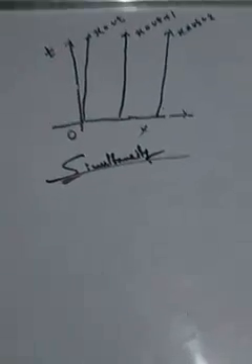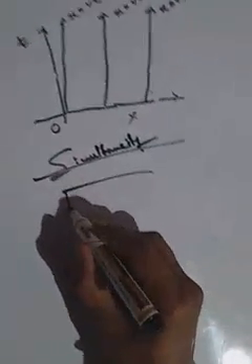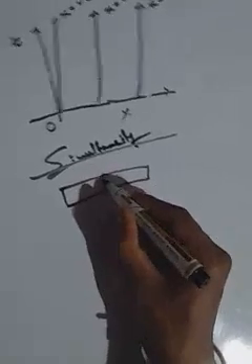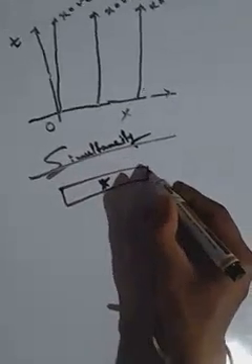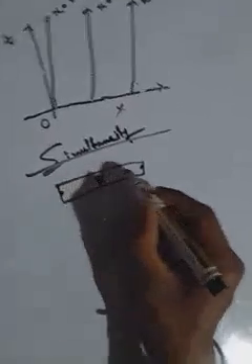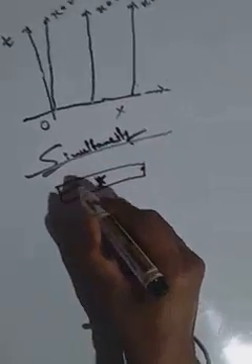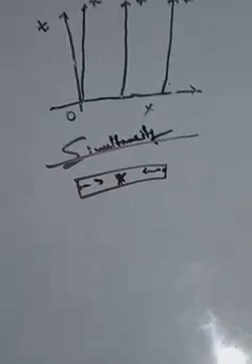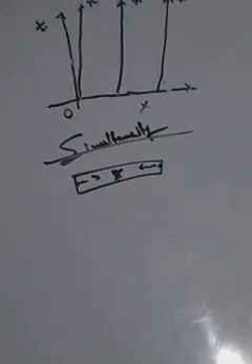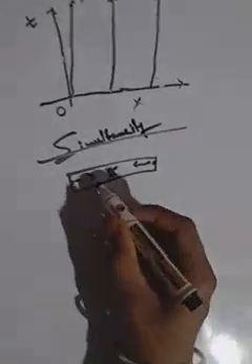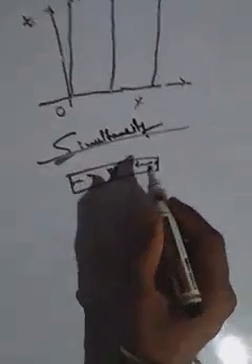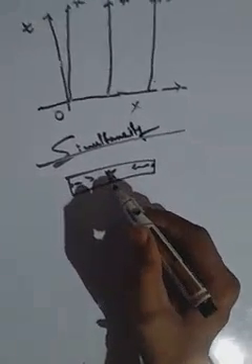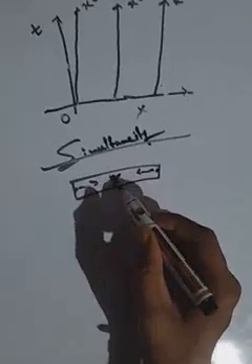And what is simultaneity? Consider a train, and we take the midway in the train, and I am the detector, and from the front and the rear ends light flashes are there. If I am just in the middle of the frame, then the light flash from the rear end and the light flash from the front end will come to my detector at the same time.